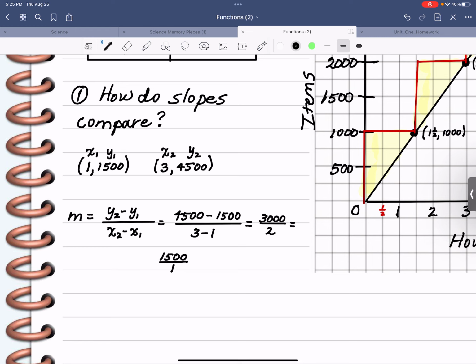Now, I want to call your attention to something. You're going to hate me here. Remember, this is rise, and this is run, which is the same as saying this is y, and this is x. So y is 1,500, and x is 1.